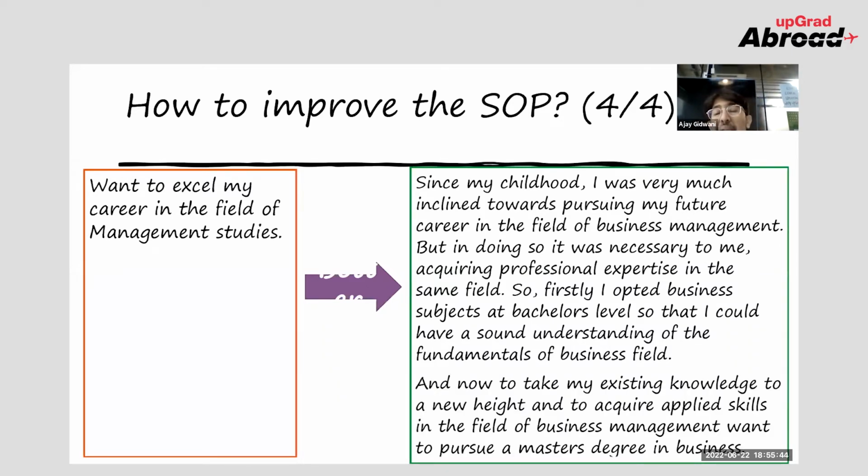And now, to take my existing knowledge to a new height and to acquire applied skills in the field of business management, I want to pursue a master's degree in business. So in this way, now I've written completely: since my childhood, I was passionate about business, I was passionate about management studies, and this is what I see my career as.